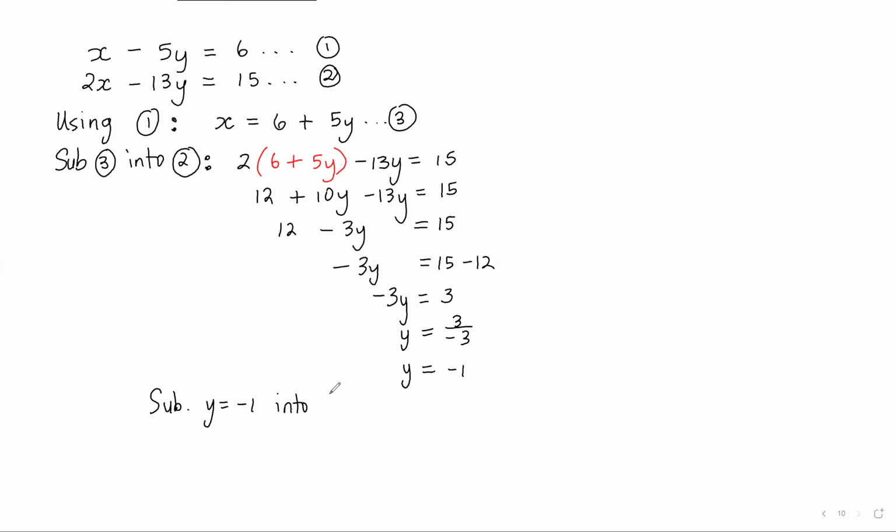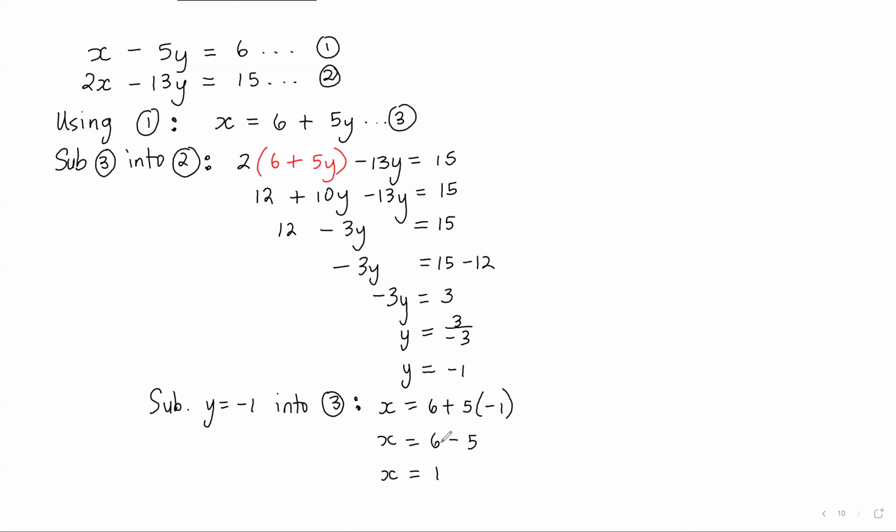I'm going to substitute it in equation 3, the simplest one. So that is x is equal to 6 plus 5 times negative 1. Therefore, x is equal to 6. 5 times negative 1 is minus 5. So x is equal to 1. So my solution here is x is 1 and y is negative 1.